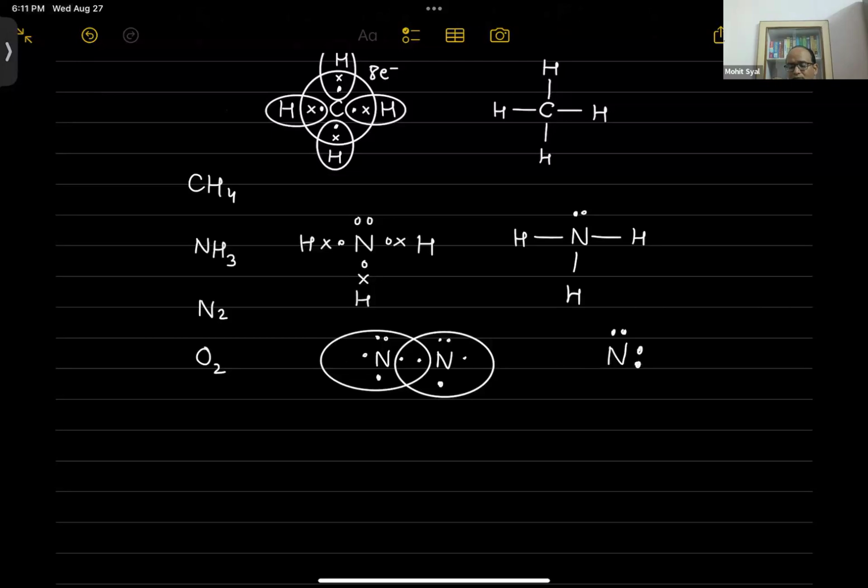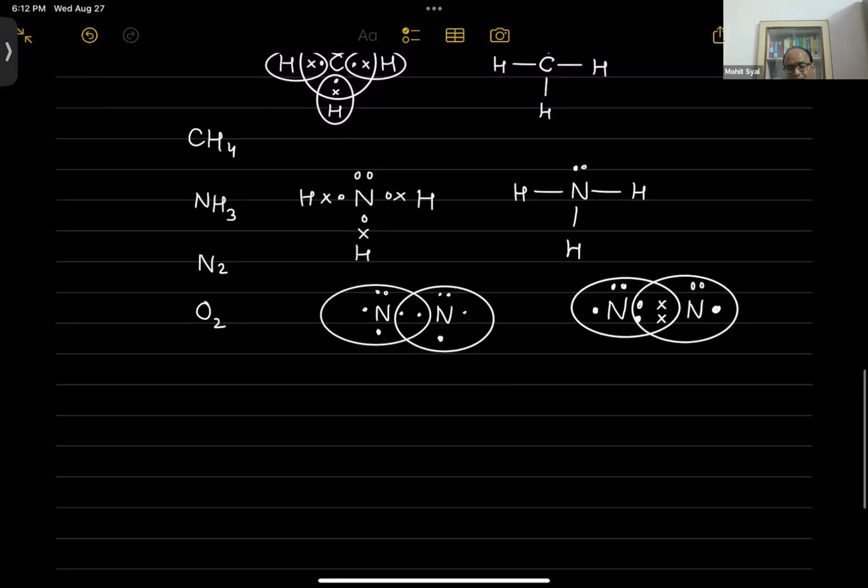Let the 2 electrons get shared with the 2 electrons of the other nitrogen. Now we have 4 and 7 electrons on each nitrogen. Still one more electron you can put over there. So this is also not correct.